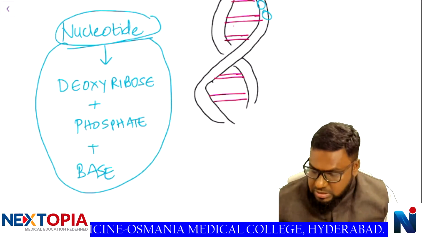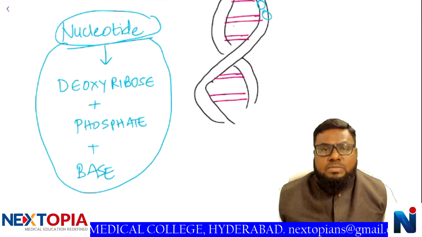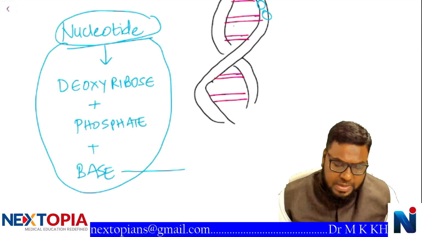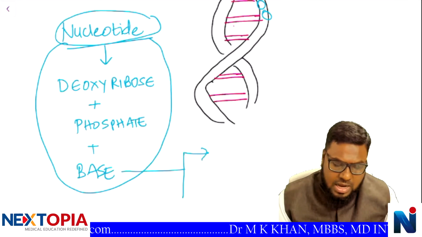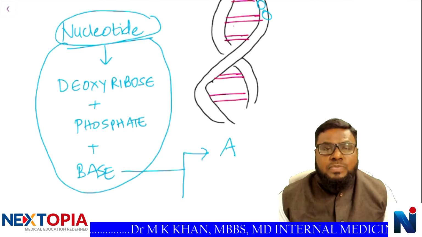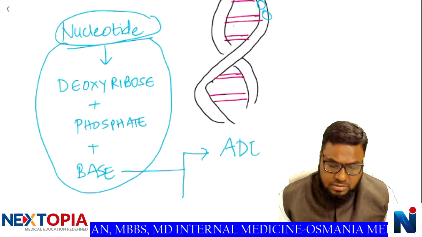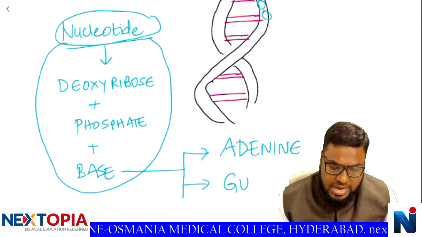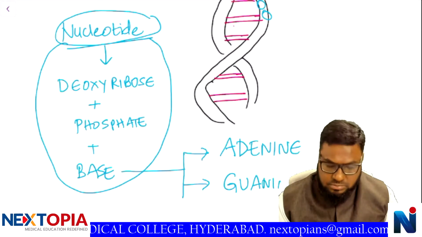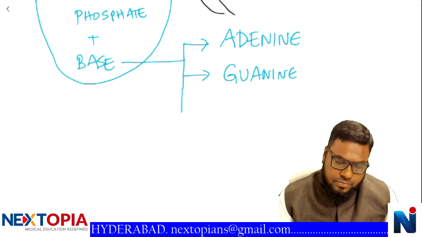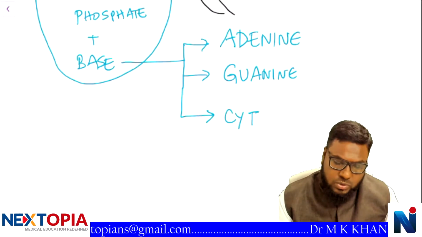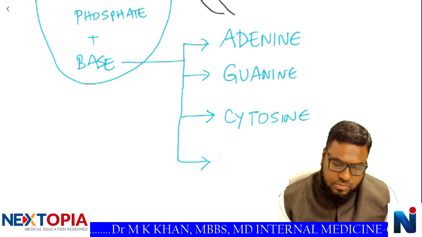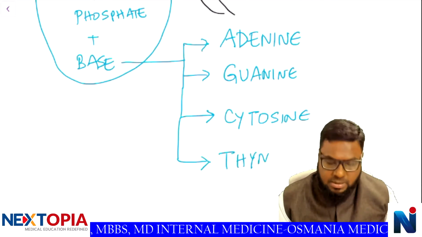Each of these strands is made up of so many nucleotides. Now you may wonder, sir, what is this base? This base is either adenine, or guanine, or cytosine, or thymine.